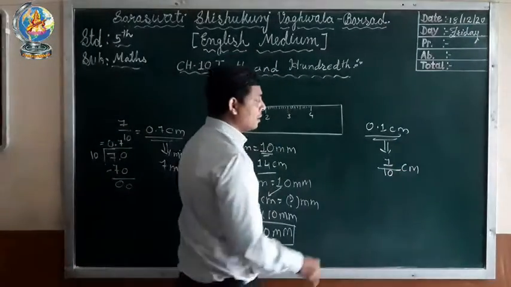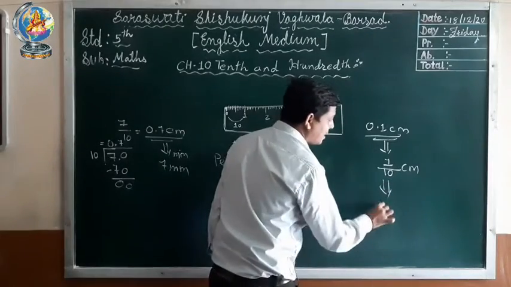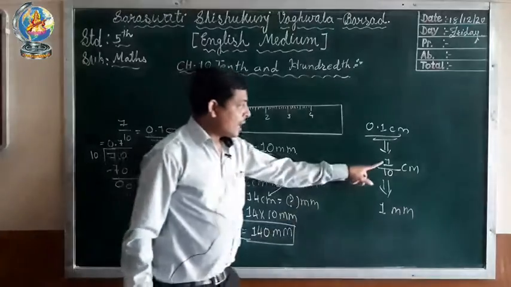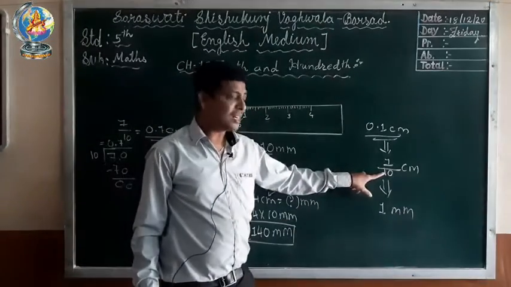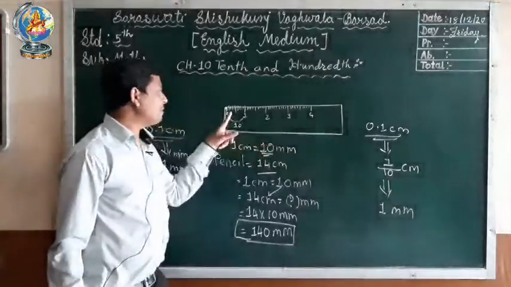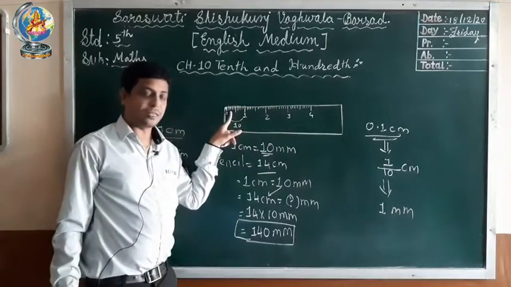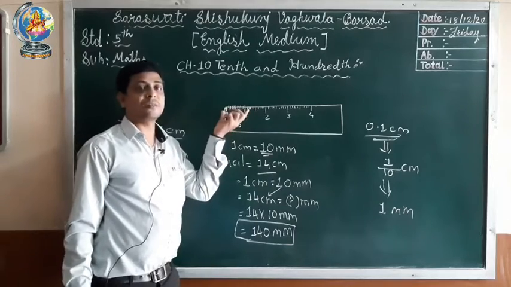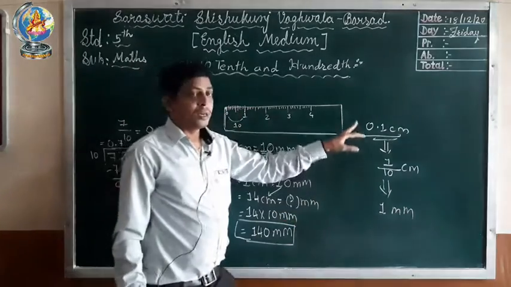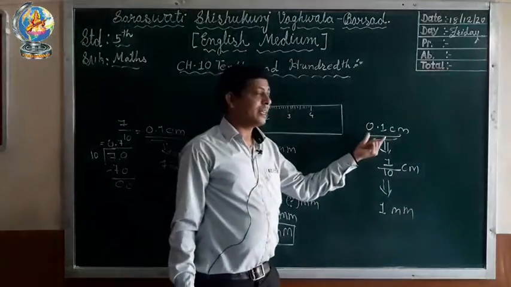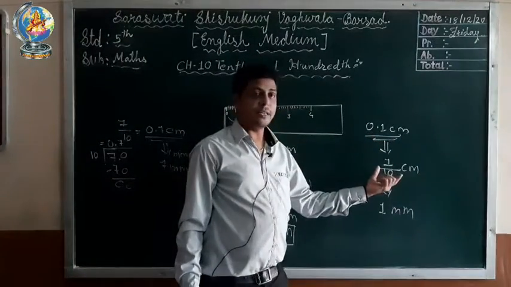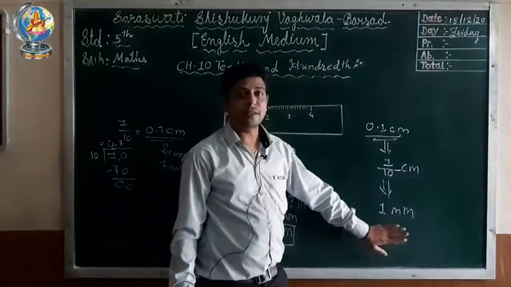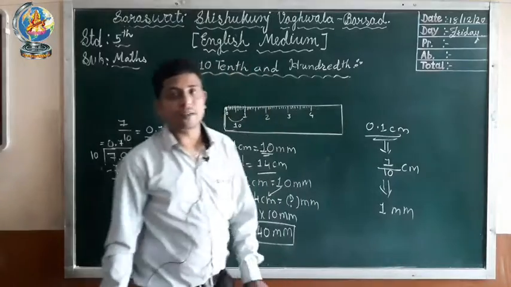But if we want to convert this into millimeter, then it is written as 1 millimeter. How? Out of 10, how many parts? Only 1 part. And each part, we already know, is a millimeter. Out of 10, each part is a millimeter, means 10 millimeter makes 1 centimeter. So we can write in centimeter like this, in decimal also, in fraction also. Okay. And when we write in millimeter, directly we have to write a number. Okay. Not a fractional number.